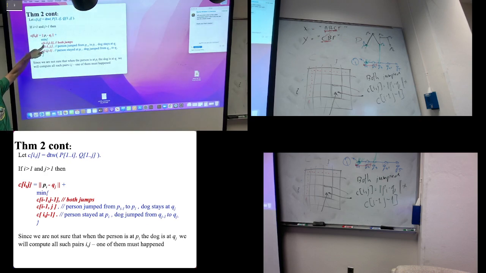In the case that they both jump, the optimum scheduling, the minimum sum of lengths of the leashes, is already computed. Indeed, it will be C of i minus 1, j minus 1. Recursively, I already computed it. It's a smaller problem. But that's only in the case that they both jump.